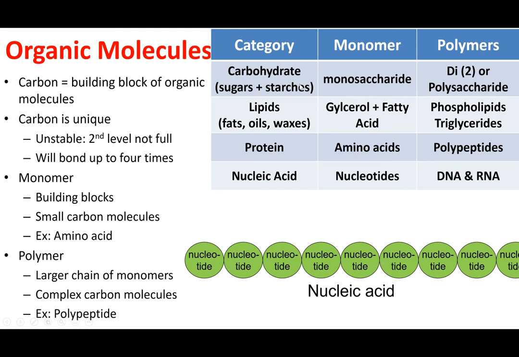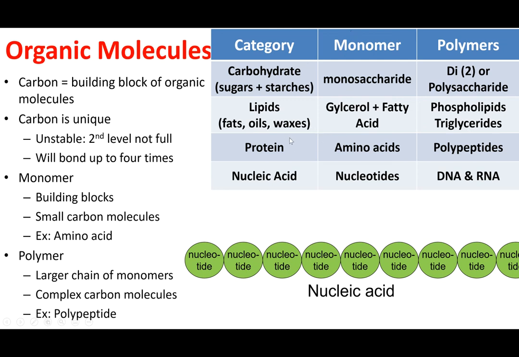The monomers of carbohydrates are monosaccharides. If you put monosaccharides together, you get polysaccharides. The building blocks of lipids are glycerol and fatty acids. If you put them together, you get lipids like phospholipids or triglycerides.